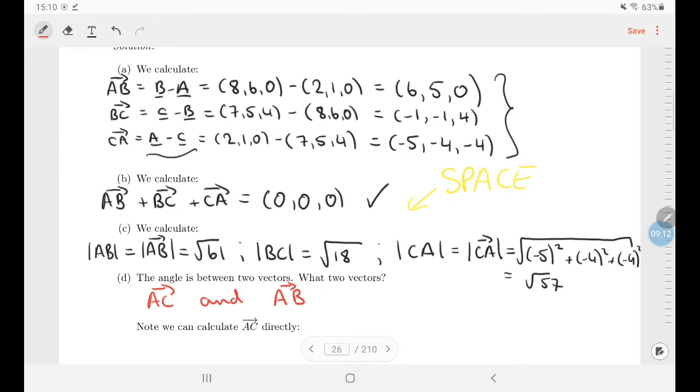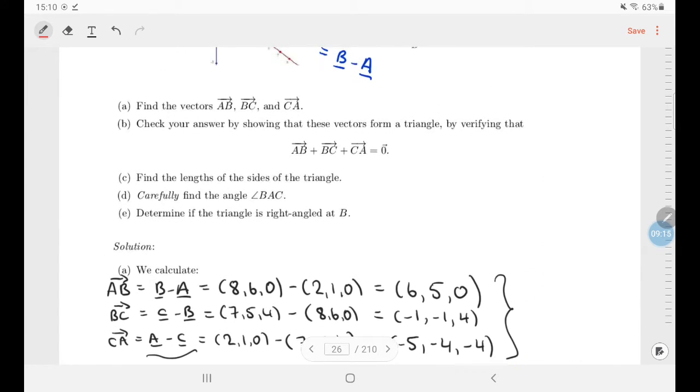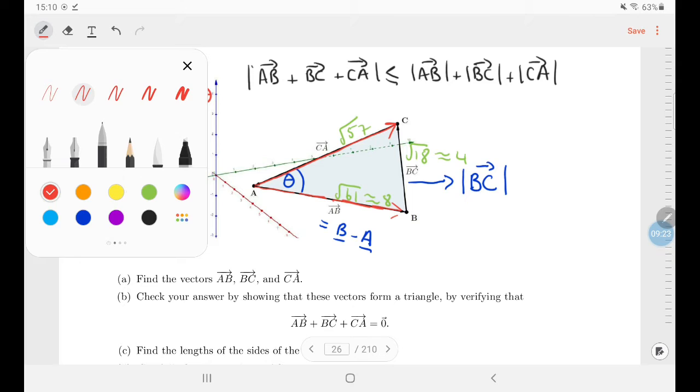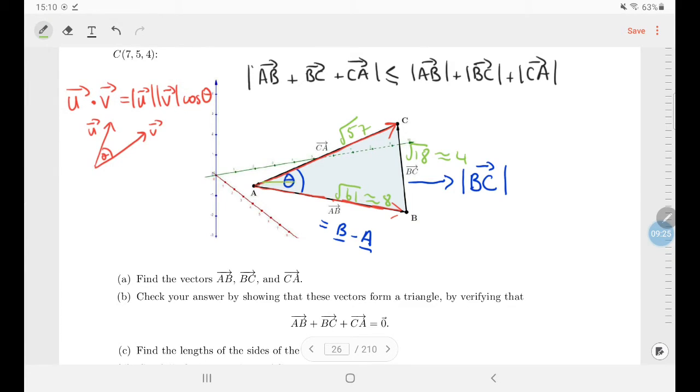Now the mistake, and the reason I put in the word carefully here, is that if you do it instead of between A to B and A to C, but you use the one you have, C to A, you end up, so the vector C to A, if you just move that to come out of the same place, it looks something like this.